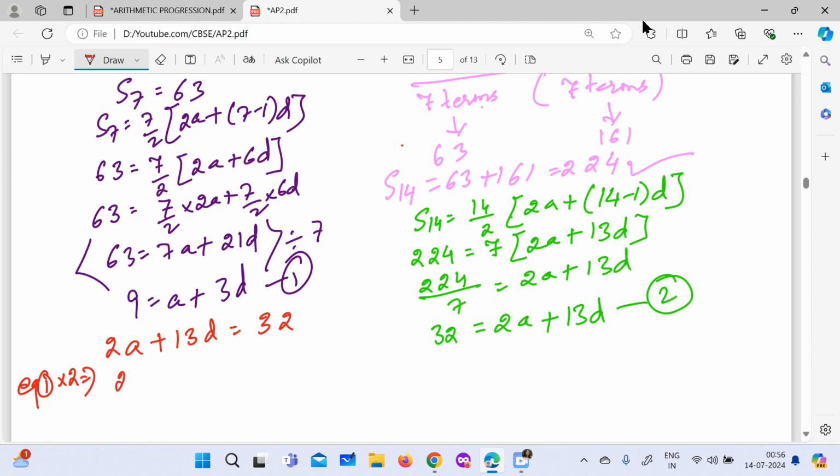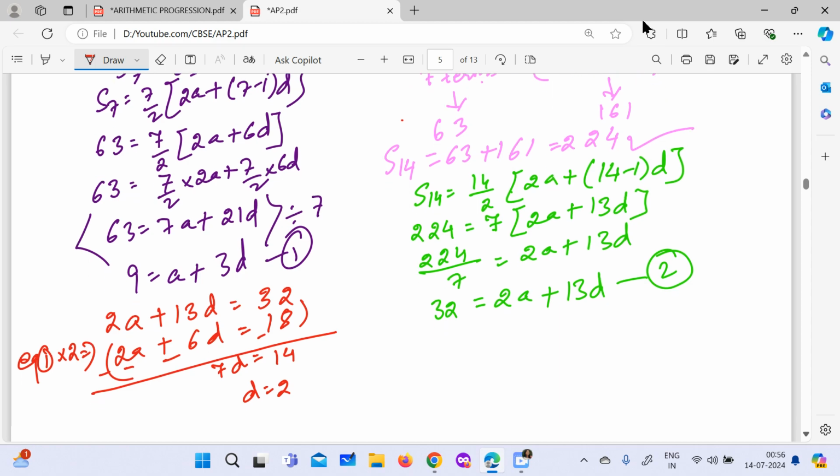So that will give you 2a plus 6d equals 18, and then we can subtract. Hence you have 13 minus 6 is 7d and 32 minus 18 will be 14, and d equals 2.